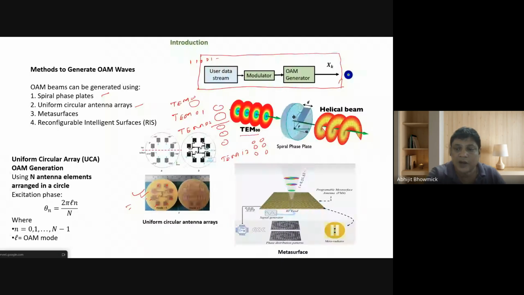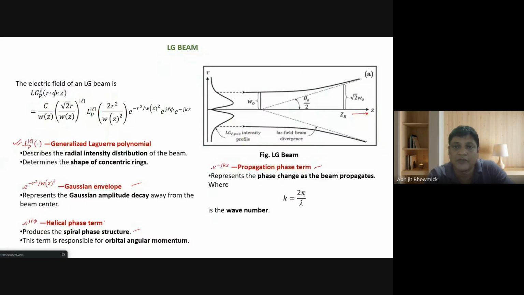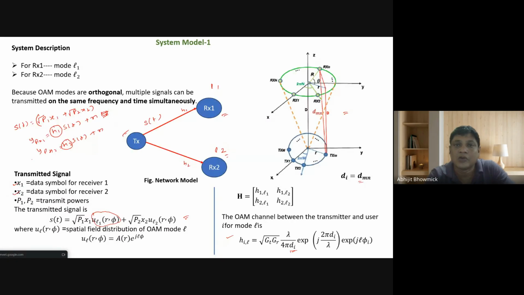There are several antennas placed at regular intervals on a concentric circle, and their separation is the same. If I use a circular antenna array, it looks like this. So this is the transmitter, and the same type of array I have to use at the receiver.